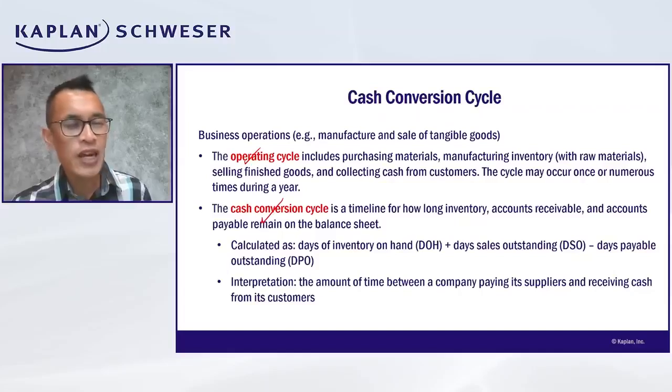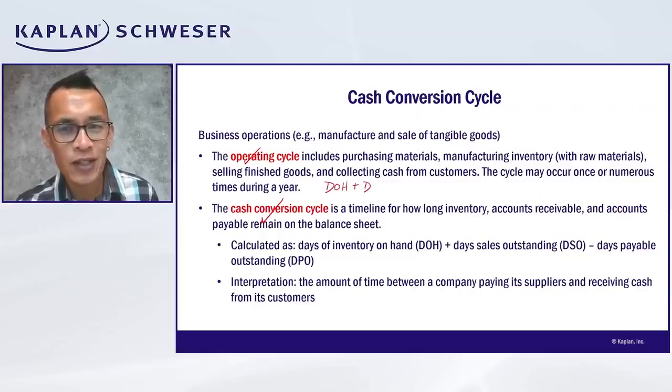In other words, the operating cycle consists of only the first two parts of the cash conversion cycle: the time involved with manufacturing inventory, and then the time attempting to collect the cash from credit sales. So you could think of this as DOH plus DSO, and that's indicated right here.